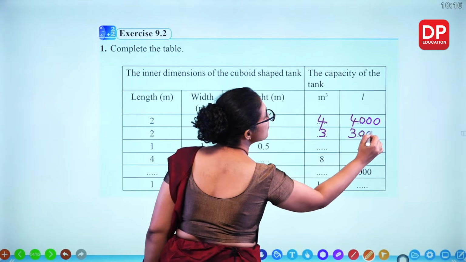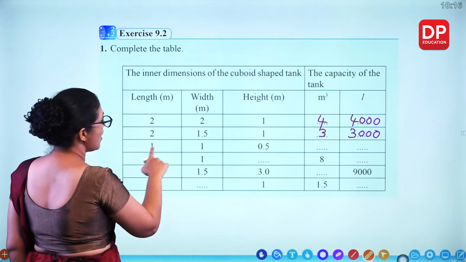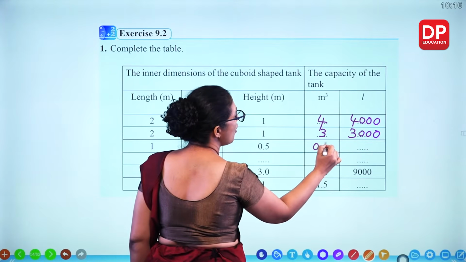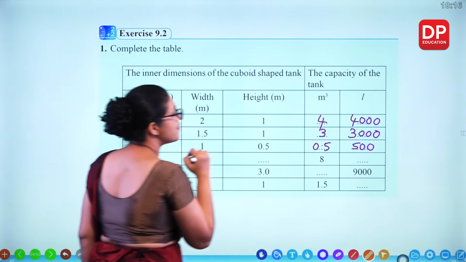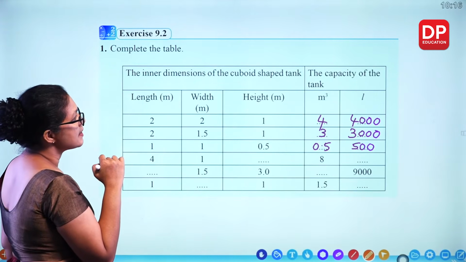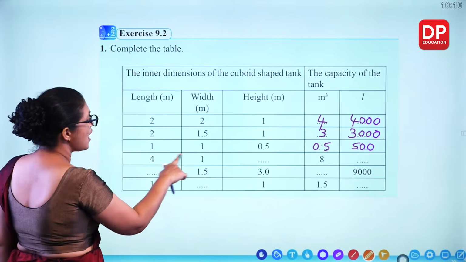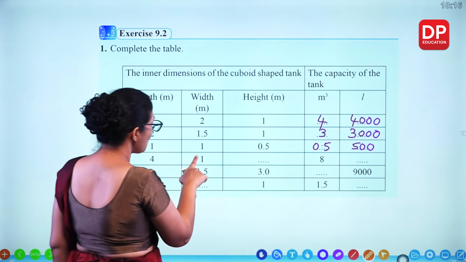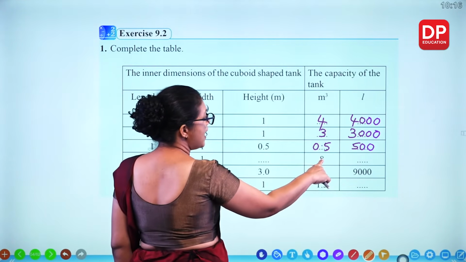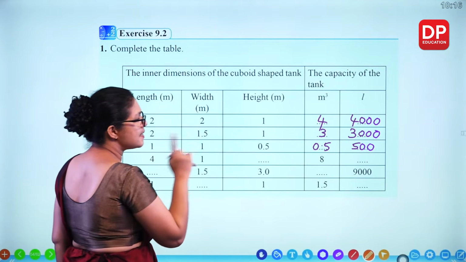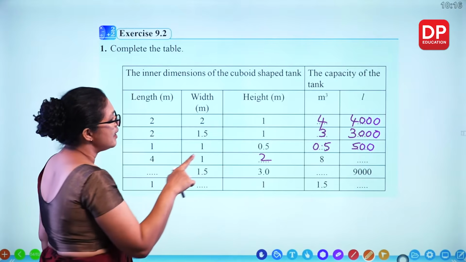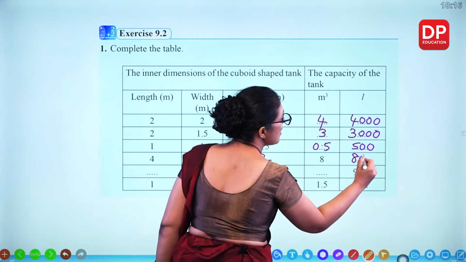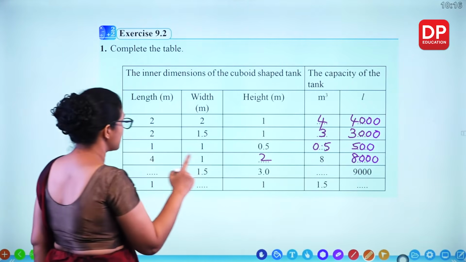This is 3000 liters. 1 times 0.5, 0.5 multiplied by 1000, 500 liters. 4 times 1, 4. 8 is the final answer. 8 divided by 4. You need to get 2 here. 8 means this is 8000 liters.